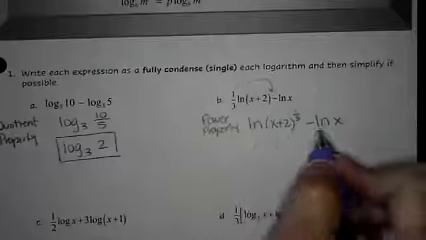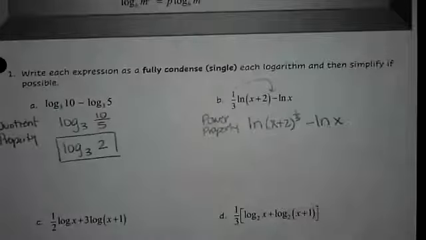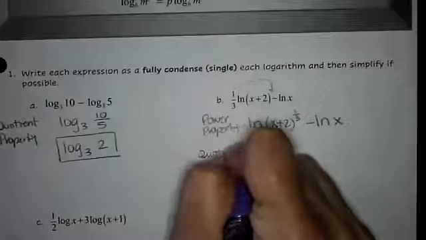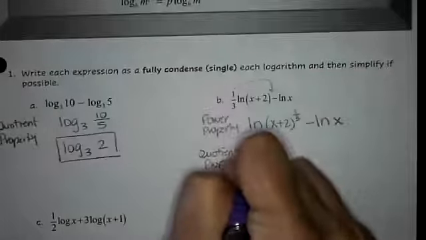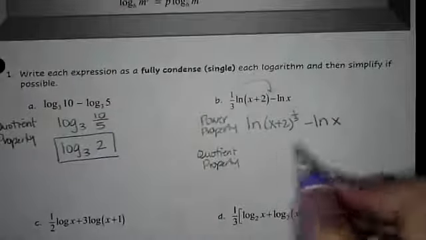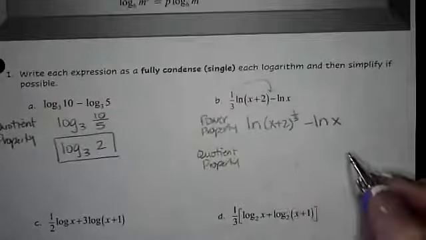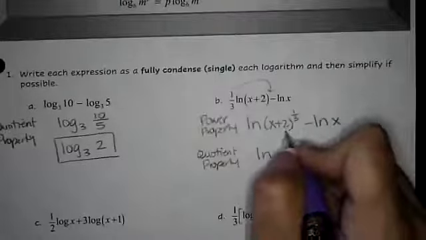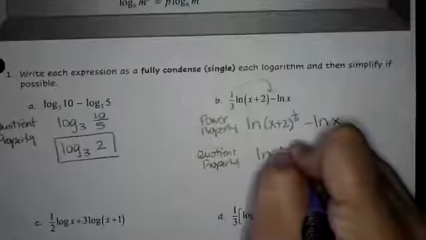So now that we have both the same logs separated by a minus, now we can use the quotient property. I used the power property first to make sure they were the same, and now I can use the quotient property. Since they're being separated by a minus, I keep the natural log, and I'm going to divide those arguments.